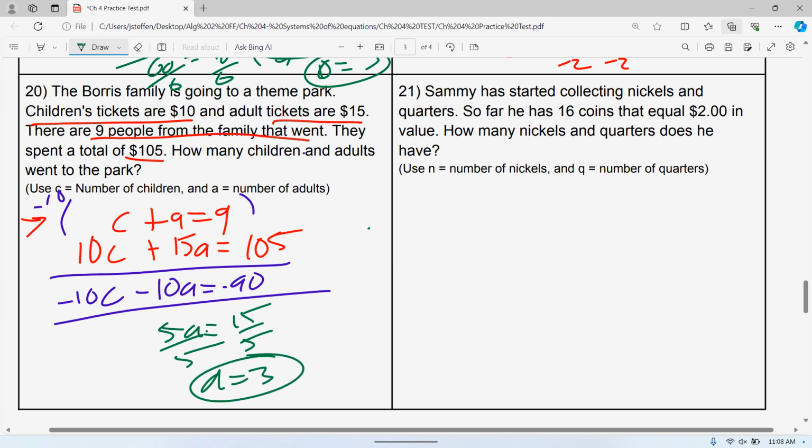So that means... if there's 3 adults, that must mean there are 6 children. So again, reread what they're asking. How many children and adults went to the park? 3 adults went to the park and 6 children went to the park.